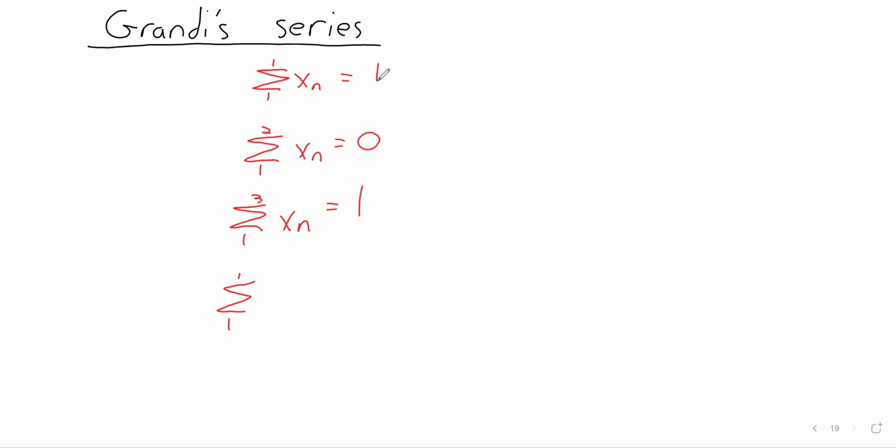The sum from 1 to 4 is 0. So we're taking the limit of this sequence, and this sequence doesn't have a limit. The sequence is not approaching a finite number.